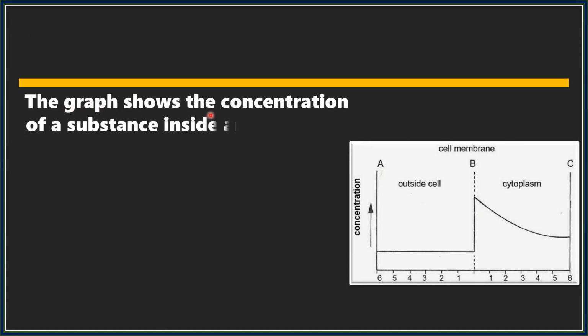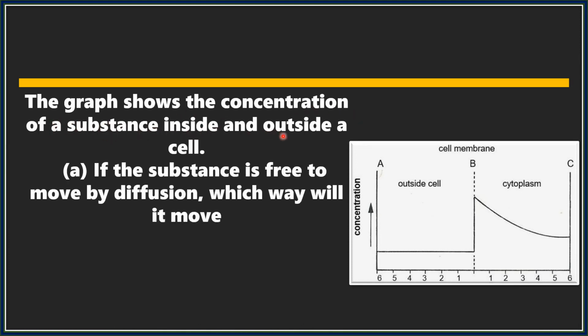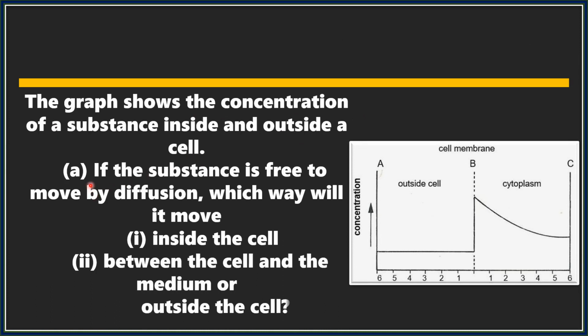The graph shows the concentration of a substance inside and outside a cell. A. If the substance is free to move by diffusion, which way will it move? Roman number 1.